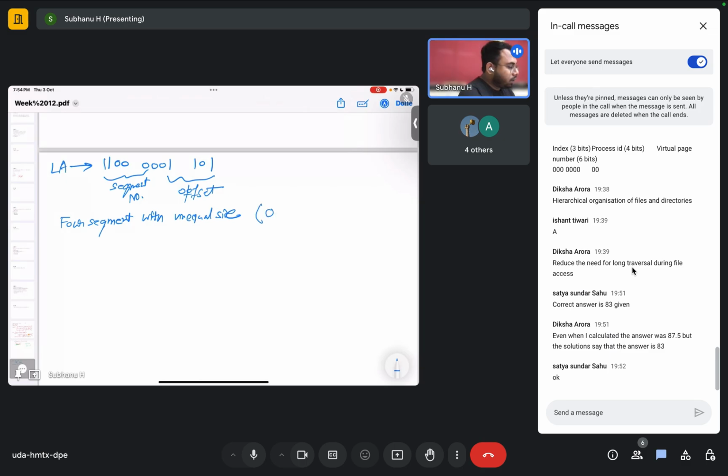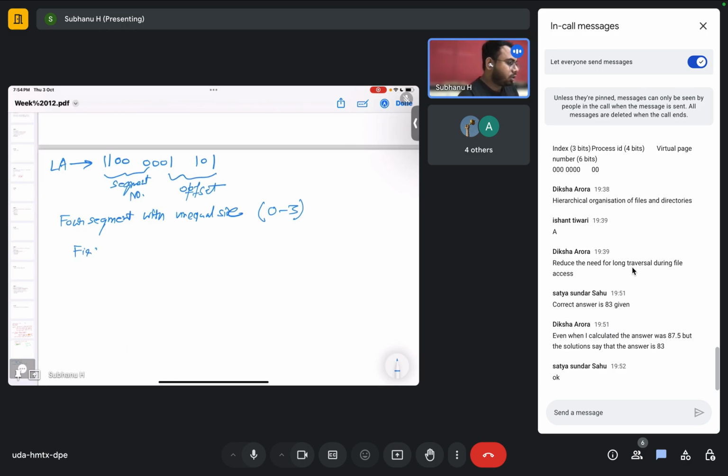So I can assume that I number the segments from 0 to 3. Here I assume that the first 2 bits are our segment number.